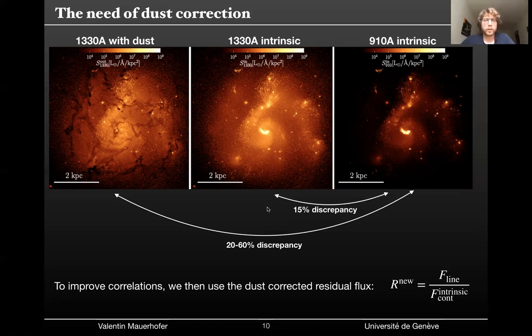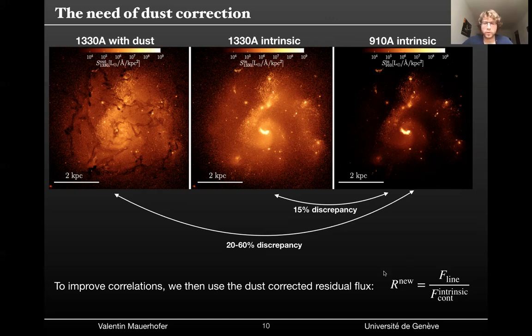Another way to look at the need of a dust correction is that we would like to have the escape fraction of the C2 photons. And this is the residual flux, but when we take the ratio of the flux of the line over the intrinsic continuum, this escape fraction is the fraction of C2 photons that escaped compared to the intrinsic.